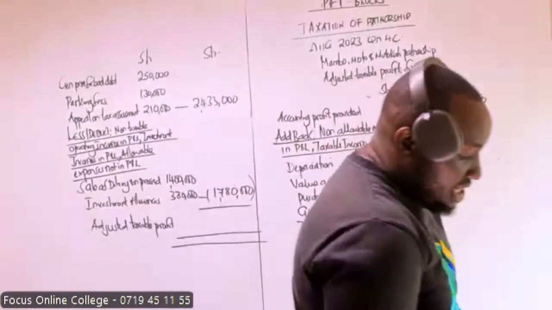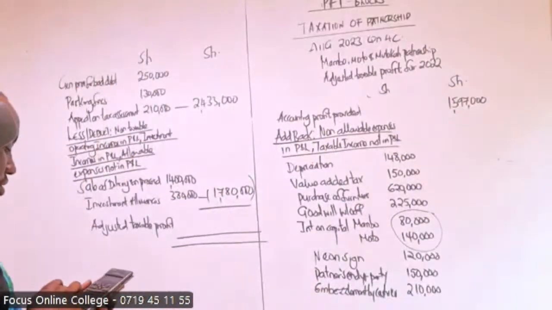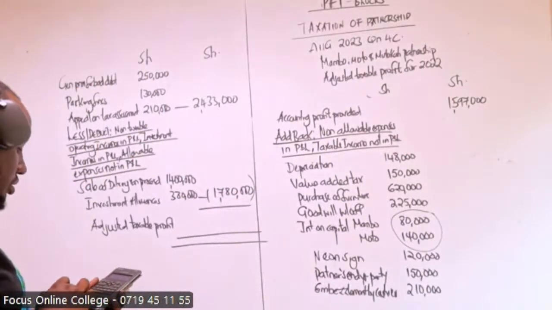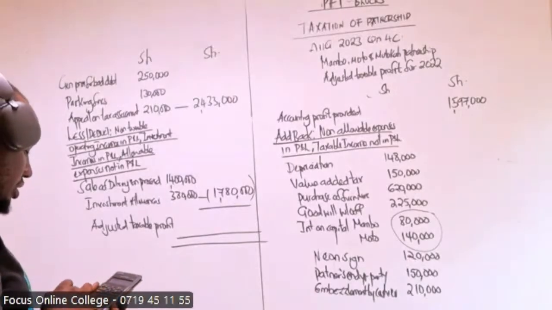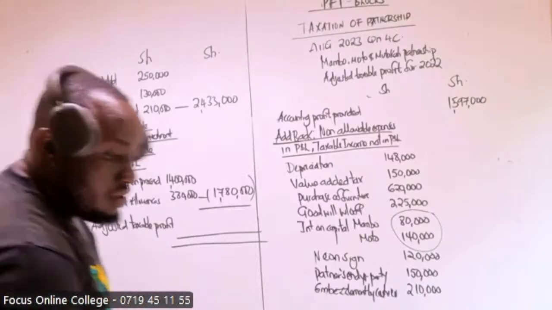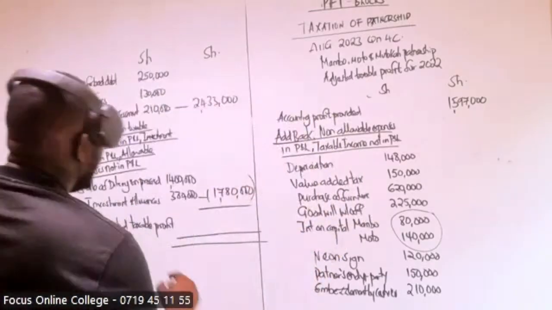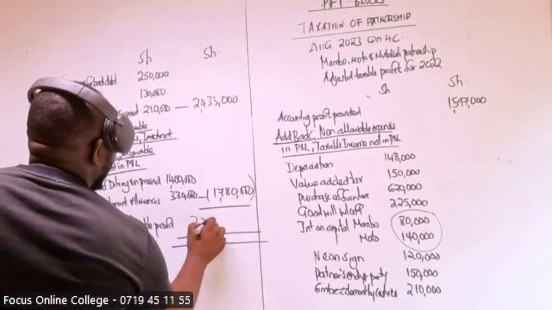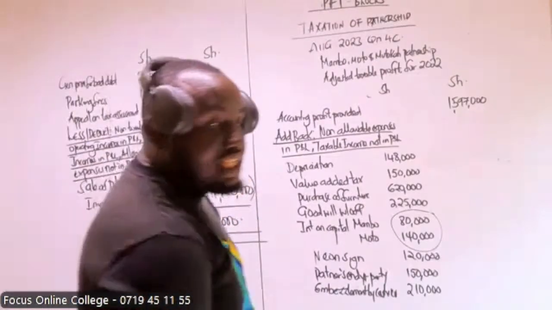We have 1597 plus 2433 and minus 1780. So what are we having? That is 2,250,000.